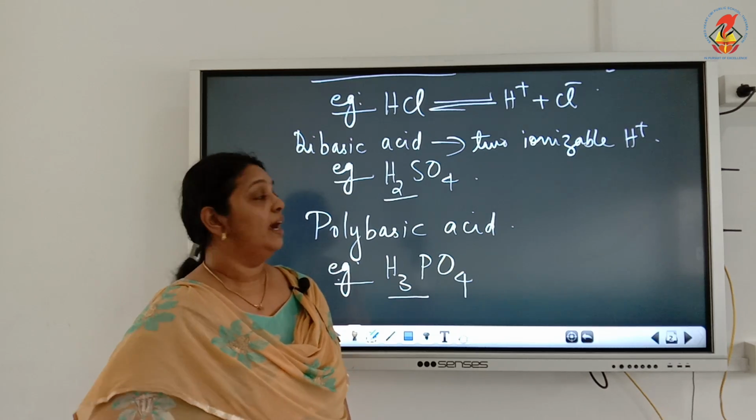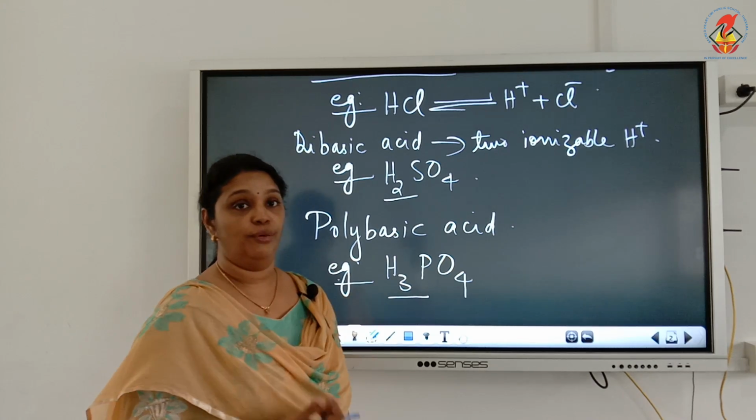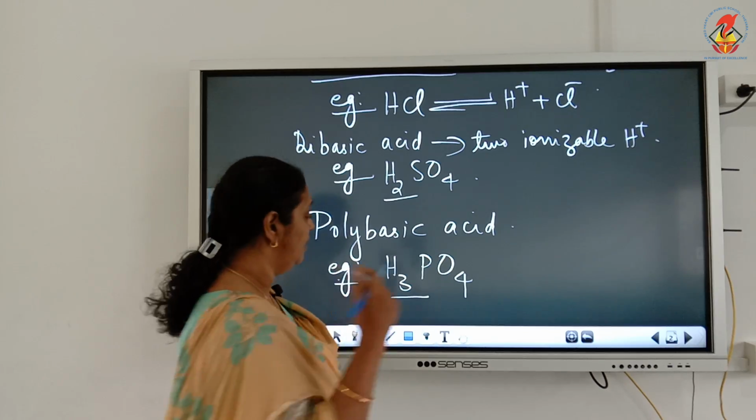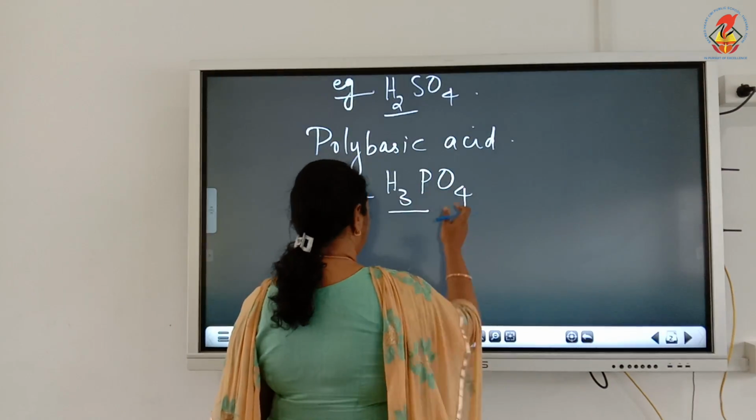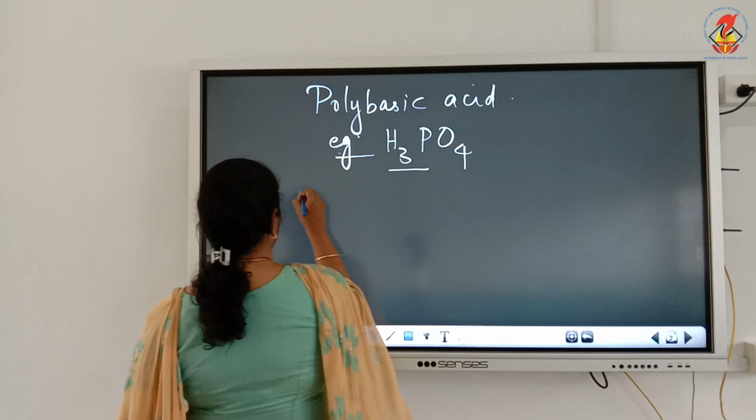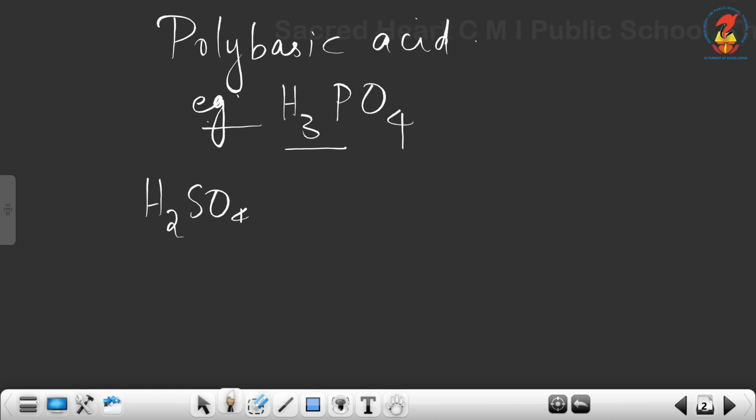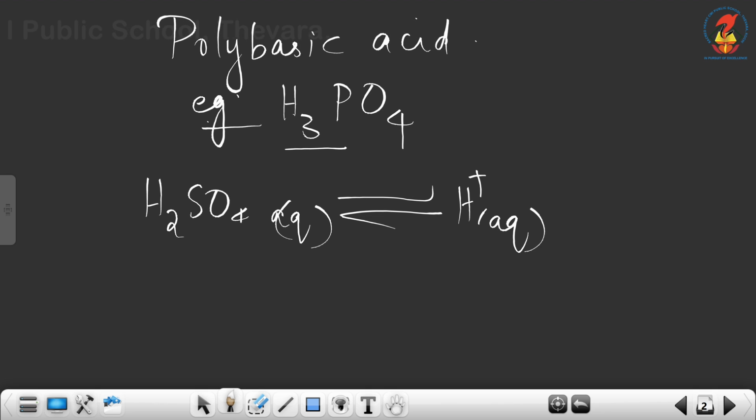Now, I am going to take H2SO4 and write its ionization equations. We know that H2SO4 will dissociate to give, in the first step, one H plus.